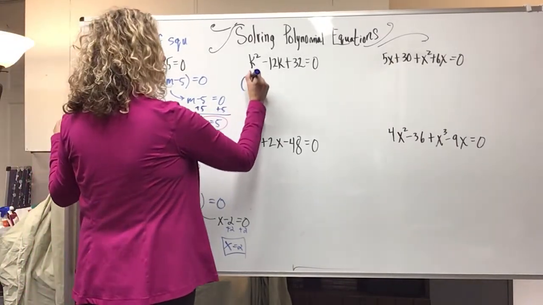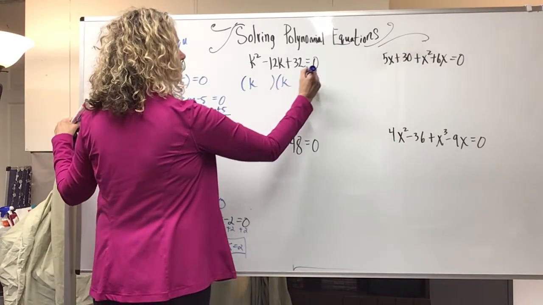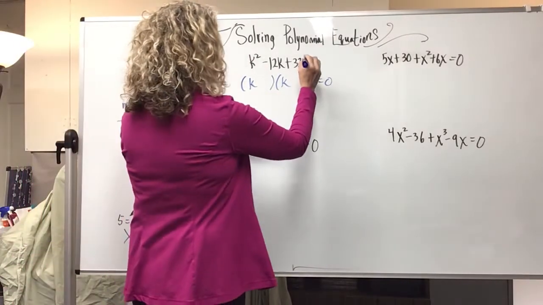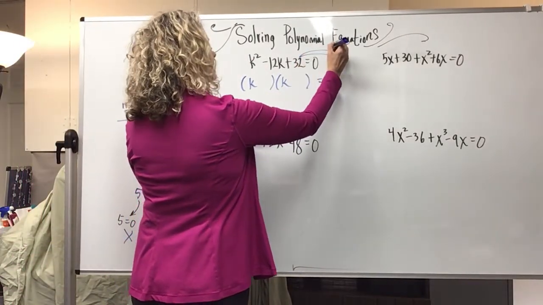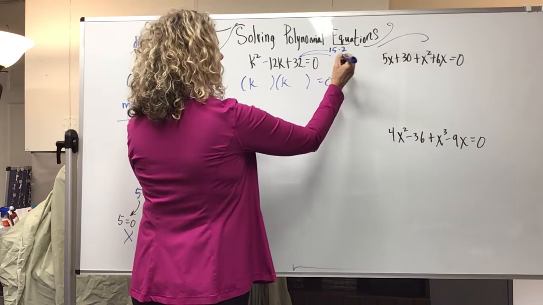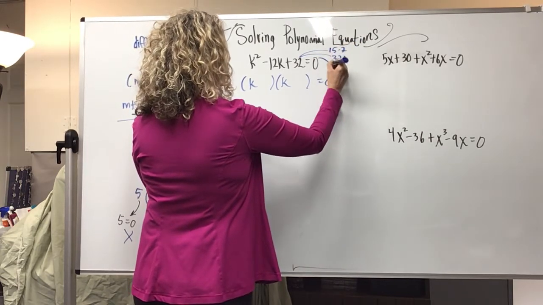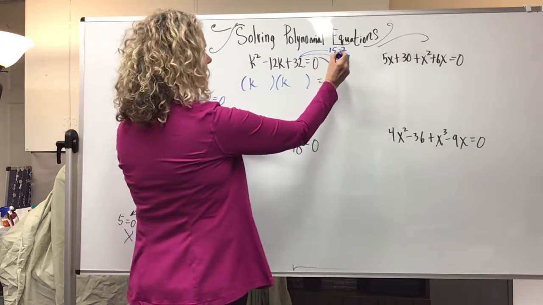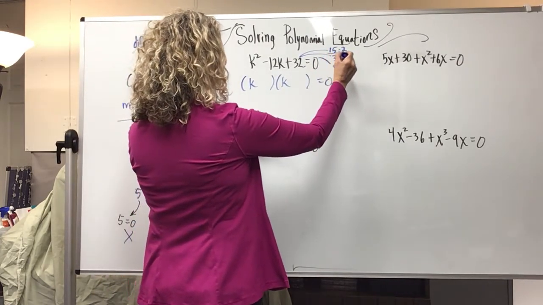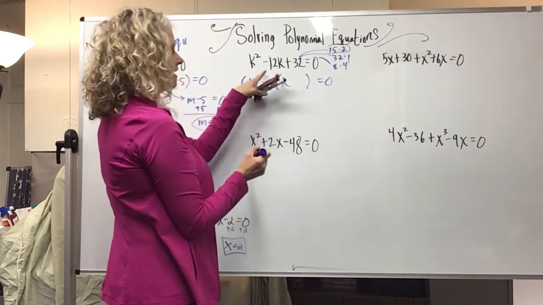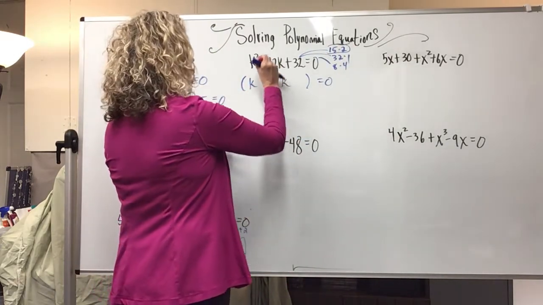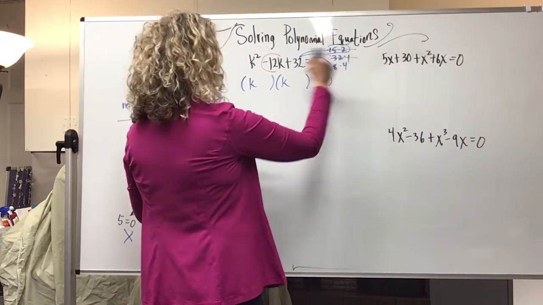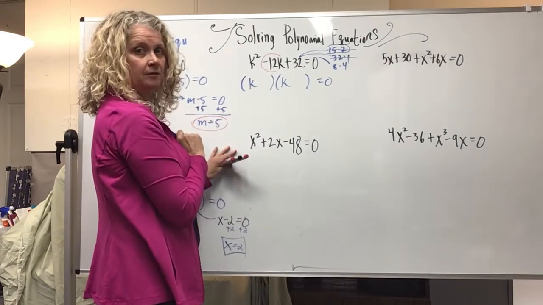Looking here, it's the previous lesson, factoring trinomials. And in this case, we're going to look at all the factors of 32. So we have 16 times 2, we have 8 times 4. And notice adding or subtracting a 16 and a 2 does not give us our middle term, a negative 12. 32 and a 1 do not add or subtract to give us the middle term, a negative 12.